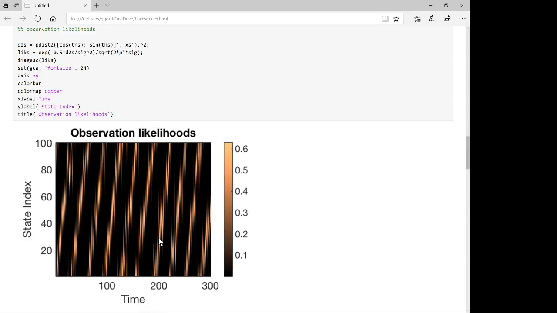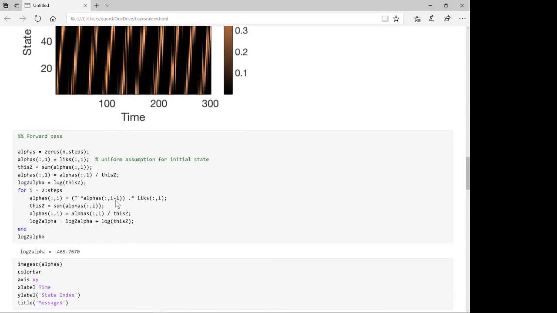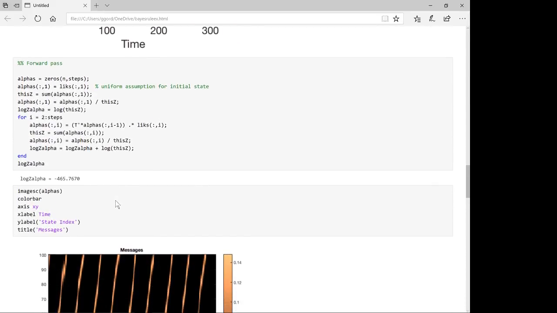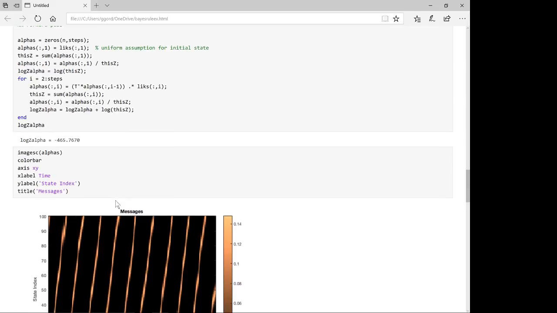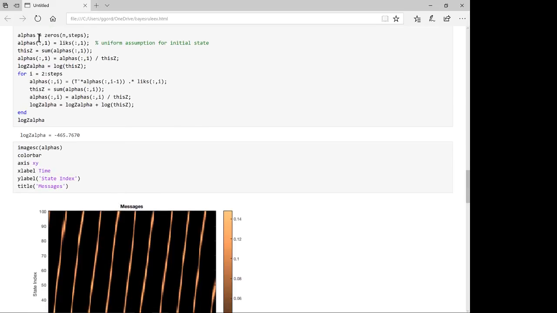That's what this code is going to do. We start from the observation likelihoods, which are P of yt given xt, and we just do a recursive pass forward in time, right? So we start with the uniform distribution on the initial state.